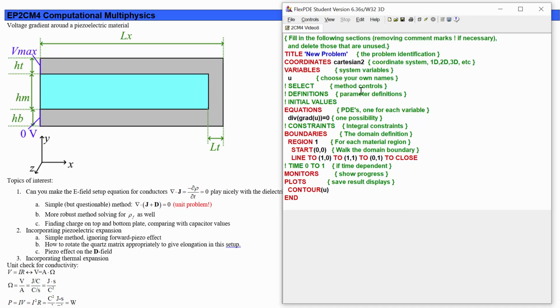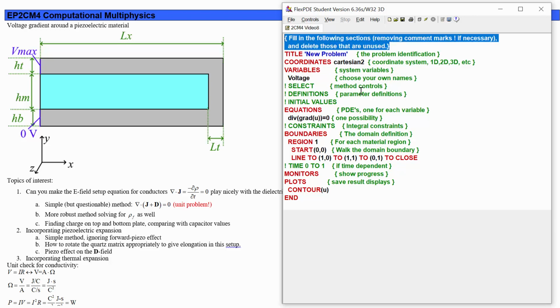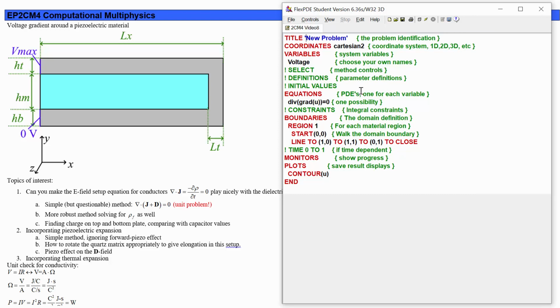We're going to be having only one variable, which is the voltage, and let's get rid of some comments that we don't need. This is going to be multiphysics mega problem.